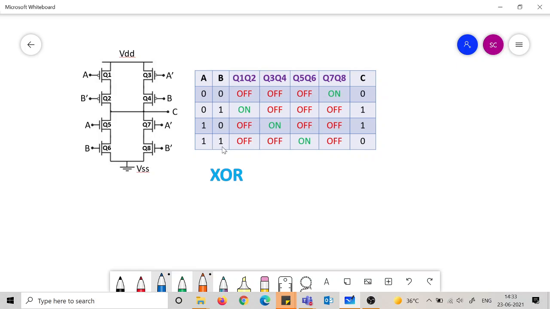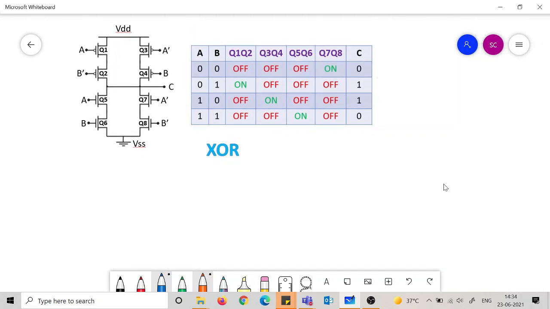In the last case, which is AB as 1 1, this is off, this is off, this channel is conducting. So VSS goes to C through this channel Q5 Q6, and then C becomes 0.